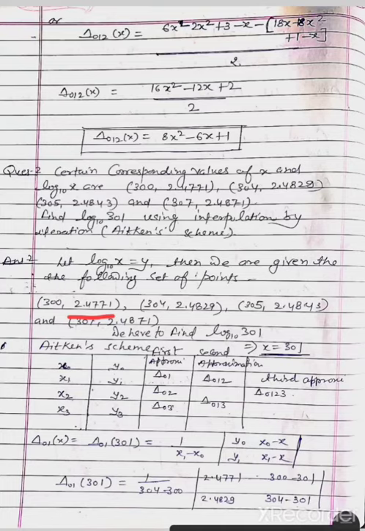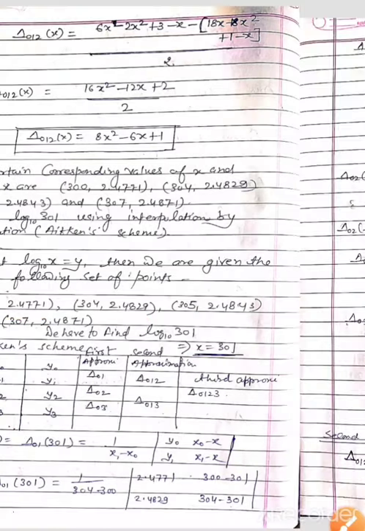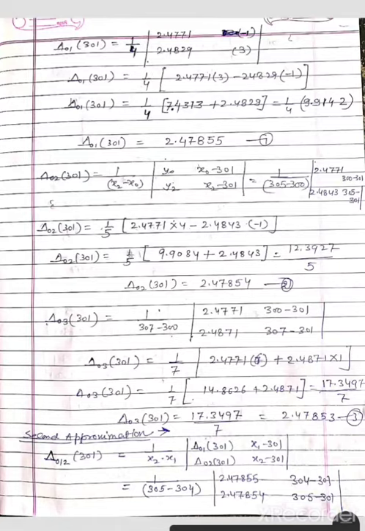The value of y0 is 2.4771 and the value of y1 is 2.4829, and the value of x is 301. So putting all these values and solving this determinant, we obtain the value of delta 01, which comes out to be 2.47855, given by equation 1.